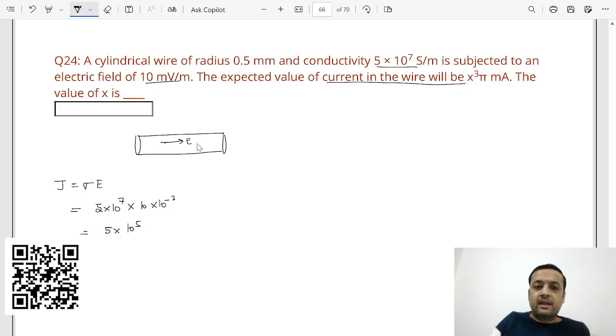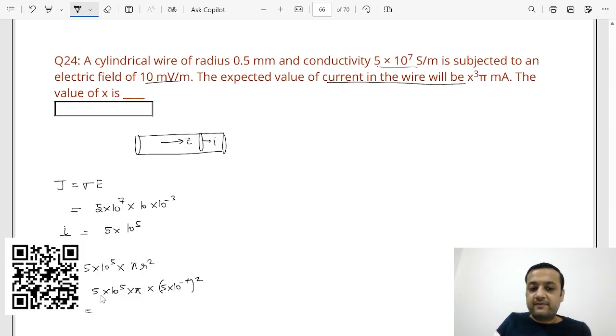This is J. Now J, which is current density, can also be written as current crossing per unit area. So that means this can also be written as I by A. So that means I will become 5 into 10 to the power 5 into the cross sectional area, which is pi r square. All right. So look, the value of r is given 0.5 mm, which means 5 into 10 to the power minus 4 in meter, and you also have to square it.